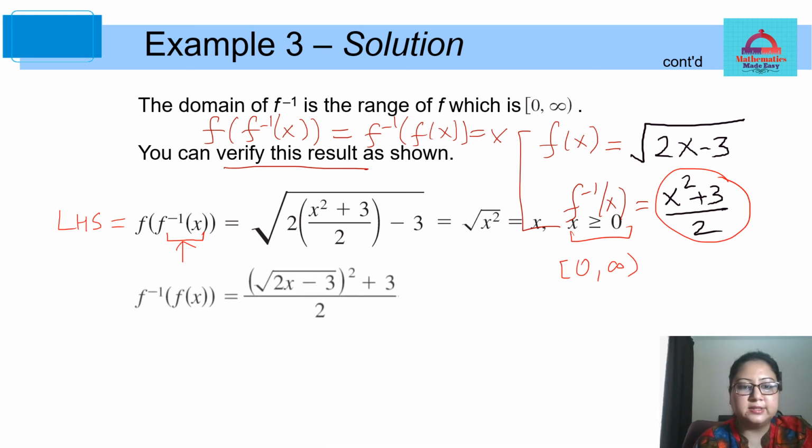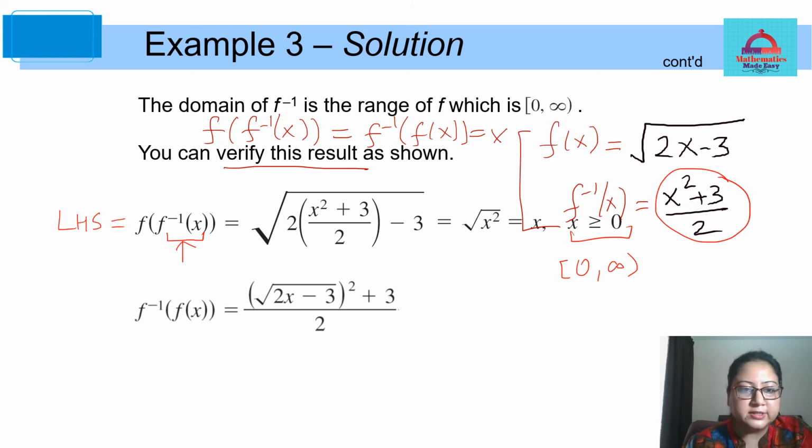Let's take the right hand side now. That is f inverse of f of x. And if we get this also equal to x, that means that we have reached our correct inverse. So now I'm going to be taking f inverse x, that is (x square plus 3) by 2 by definition, and instead of x inside I'm going to plug in f of x, that is square root of 2x minus 3.